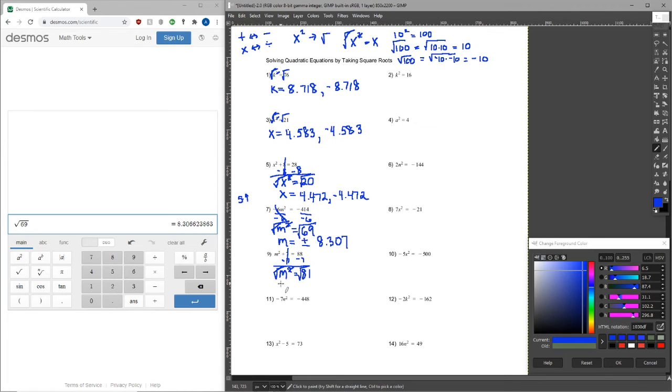That's why I say it's a perfect square. But if you did not recognize that, you could still come on over here and do square root of 81, and you're just going to get 9. Nice whole number. You can do 9 comma -9. Remember, you always need the plus or minus, or if you like it better, just do plus or minus 9, and that's good enough. Unless you're taking a Canvas quiz.